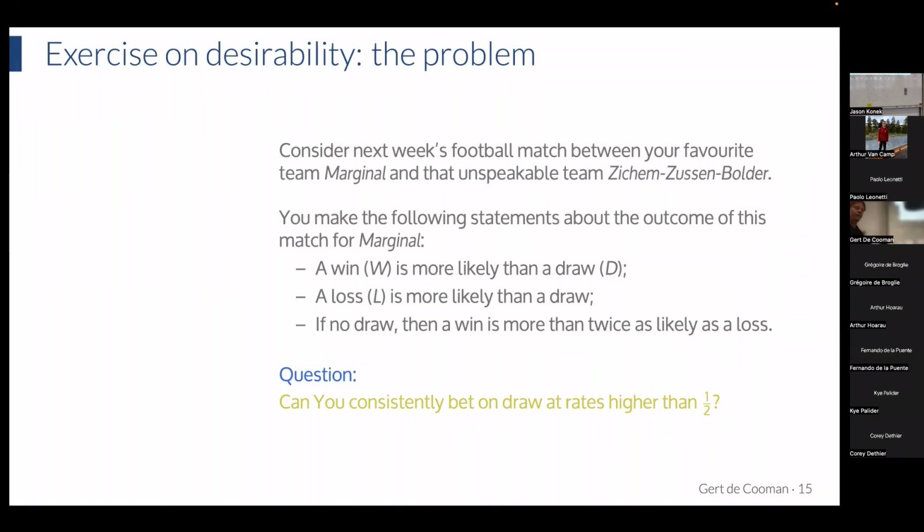There's another way, where you do directly logical things. You can also say loss is more likely than draw means that this one is in there. And then if no draw, then a win is more likely, so that's 0. And then a win is more than twice as likely as a loss, so I have 1, -2 in there.